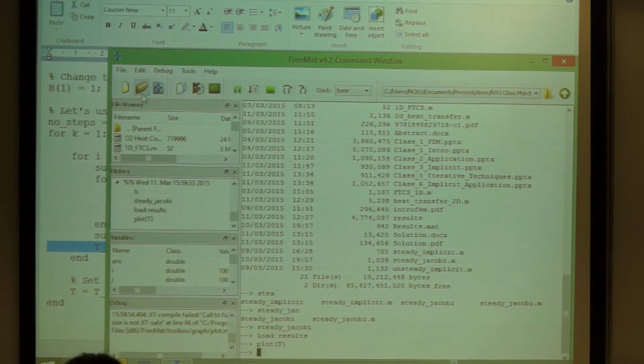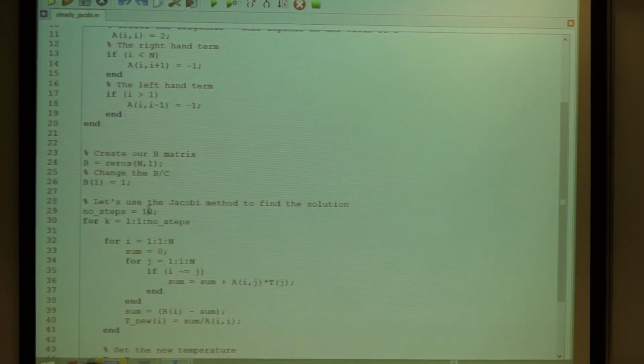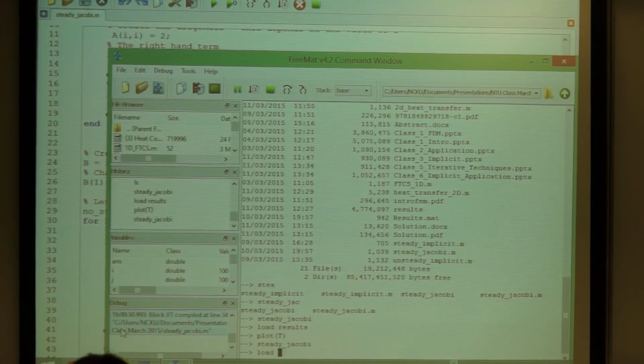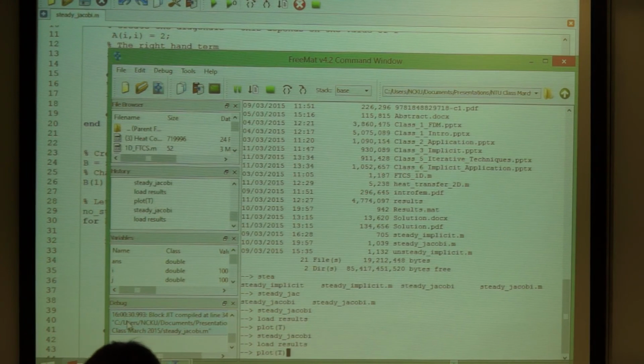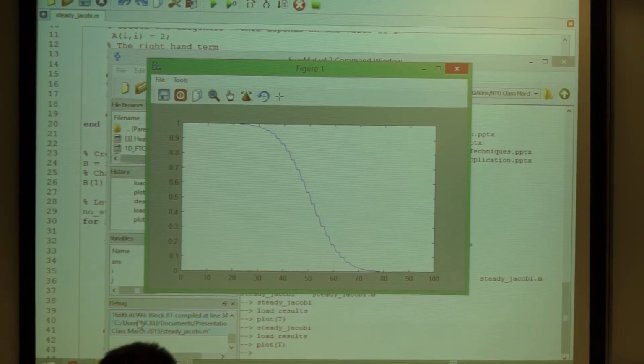Let's run JACOBI longer. I just ran 10 steps. Let's change that to 100 steps. Let's see what the answer looks like then. Isn't that like 100 steps of FTCS? The solution is evolving just like the unsteady FTCS solution evolved.